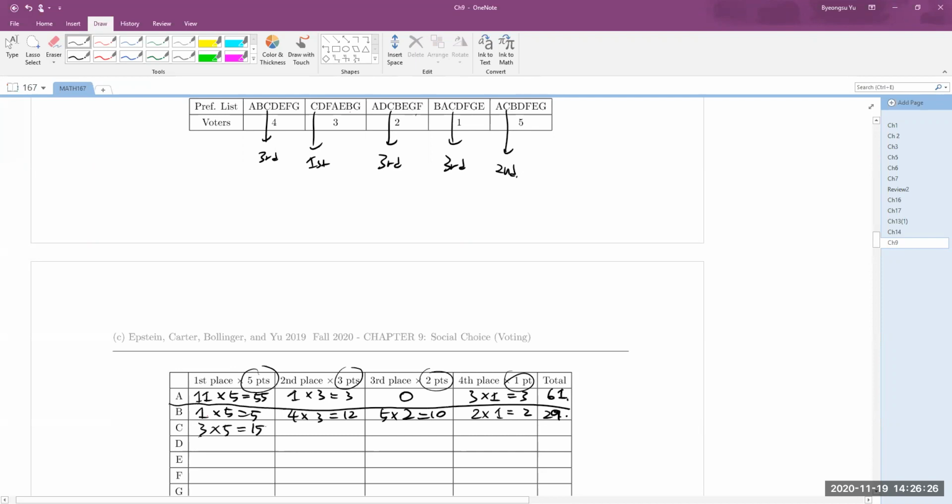So she got 15 points from them. And there are 5 again who think that she is in the second place. So she got 15 points again from the second place. And there are 4 plus 2 plus 1, which is 7 persons who think that she is in the third place. So she got 14 points from them and 0 for first place. So if you add all those numbers, then you got 44.